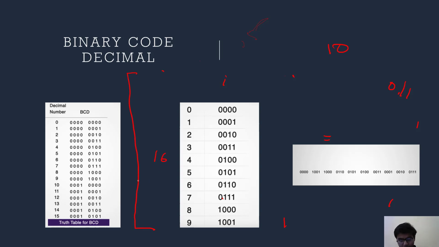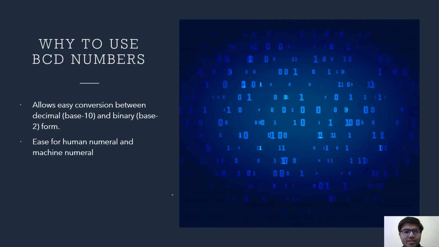You know that 4 bits can represent 16 values, but we are taking only the first 10 to denote decimal digits. That is one of the disadvantages. Now you must have a doubt: why should we use BCD numbers, because its algorithm is quite difficult.